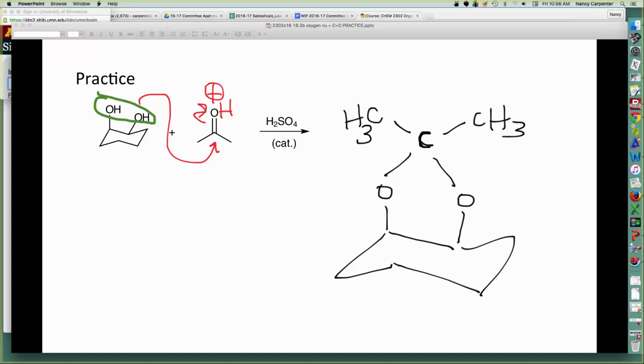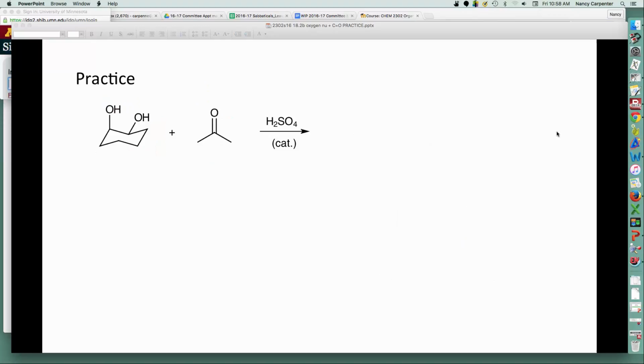There it is. Because my diol is attached to a cyclohexane ring. So I just made a ketal by the addition of presumably a large excess, or at least an excess, of the diol and a catalytic amount of acid.